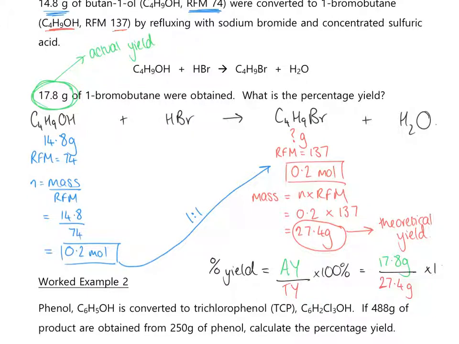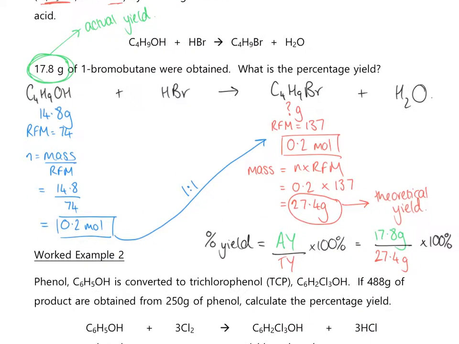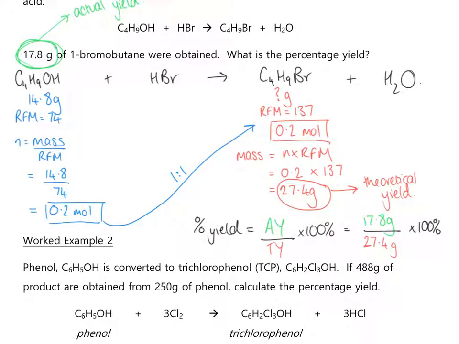We times that by 100%. Put that into your calculator, check that you get the right answer. It should come out as 65.0% if we round it to 1 decimal place. And quite often they expect you to do your percentage yield value to 1 decimal place. So that should come out as 65.0%.